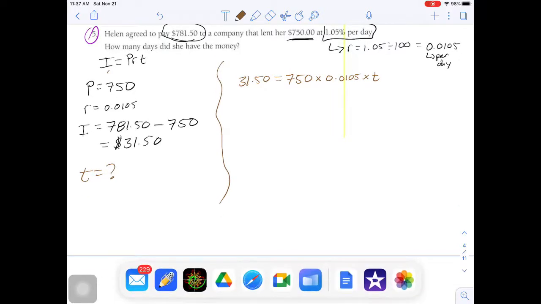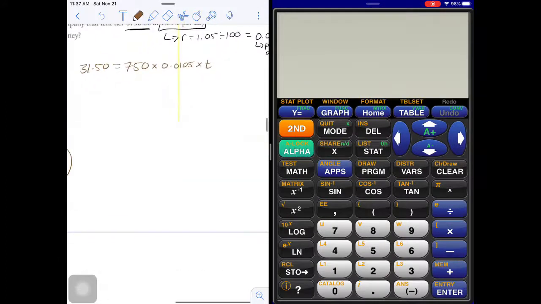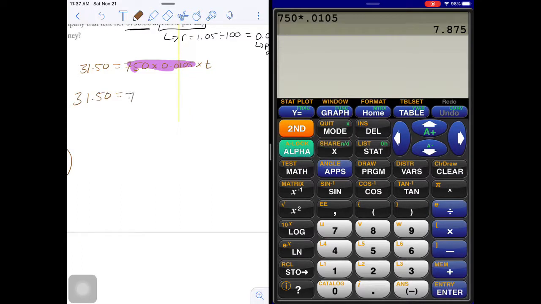And let's figure out what that looks like. So again, solve this first, 750 times 0.0105. So 31.50 equals 7.875 T. And then we're going to divide by 7.875.